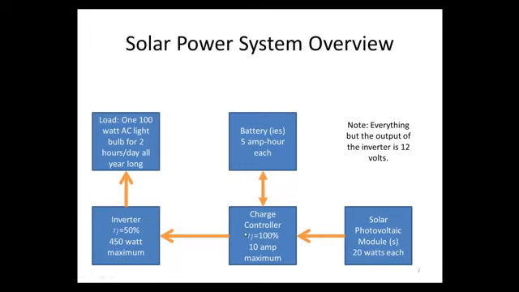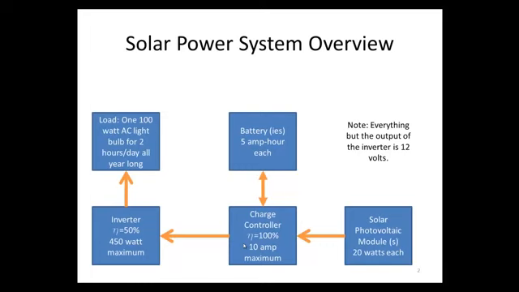This isn't exactly right, but we're going to use 100% efficiency for the charge controller. Normally it's around 80 to 90%, maybe a little higher, but just for simplicity's sake, we'll use 100%. We're also going to say that the charge controller provides 10 amps maximum amperage, its upper limit rating, just like the inverter has an upper limit rating.